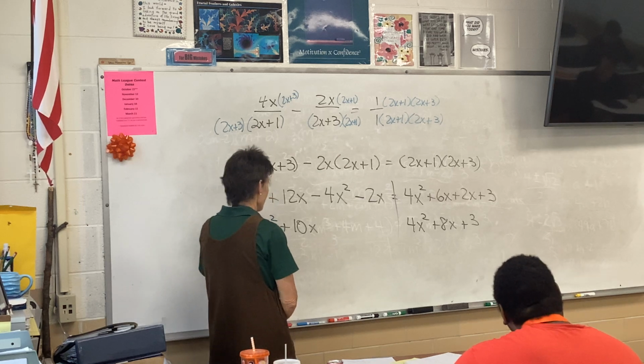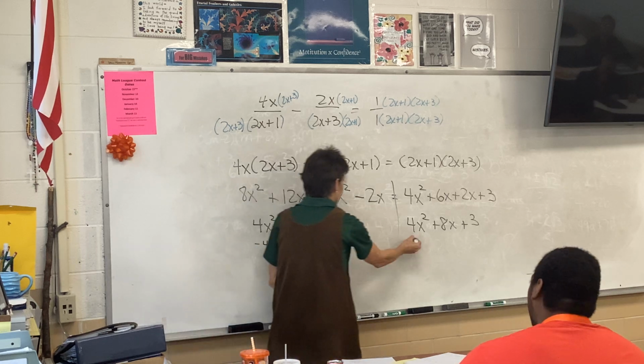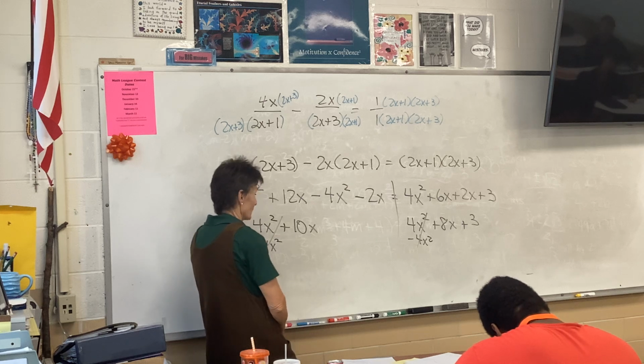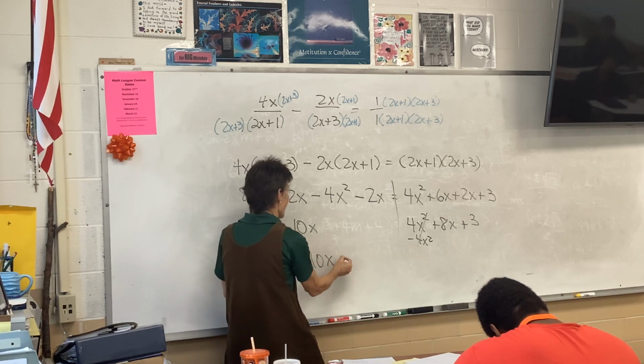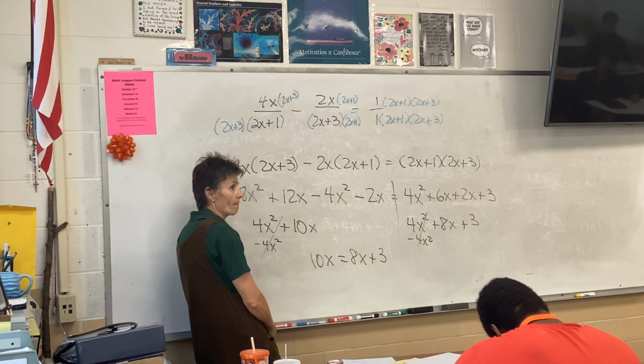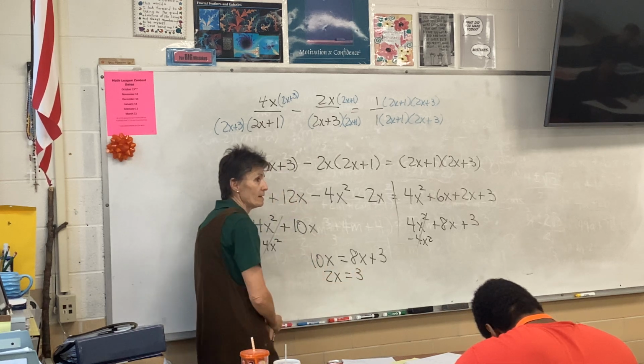So, wait a minute. Aren't my x squareds gone? So I have 10x equals 8x plus 3. So 2x equals 3.